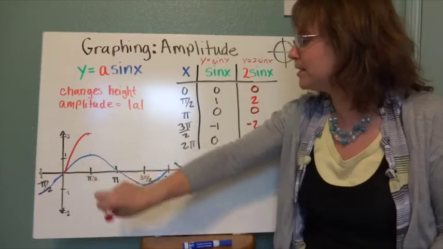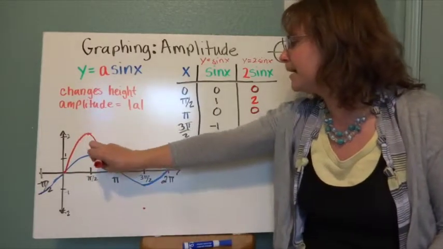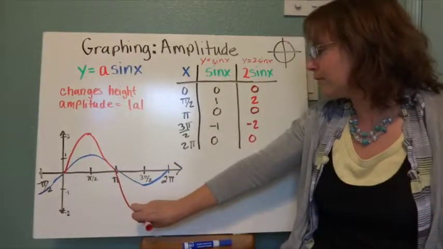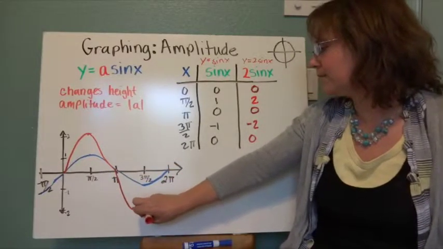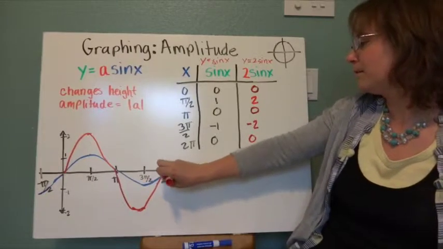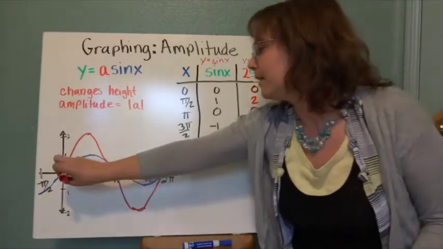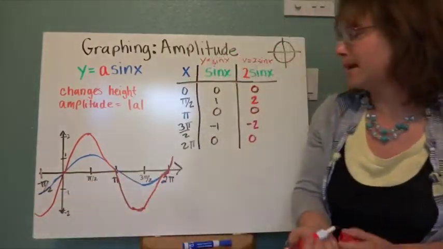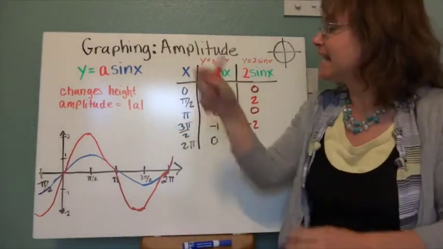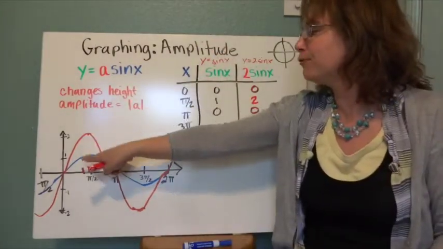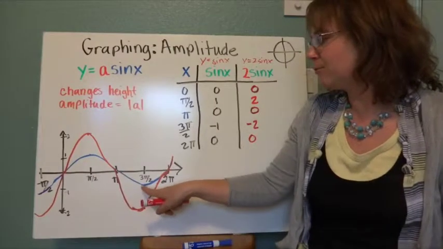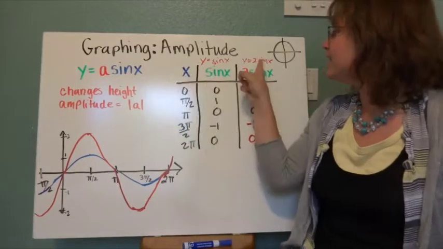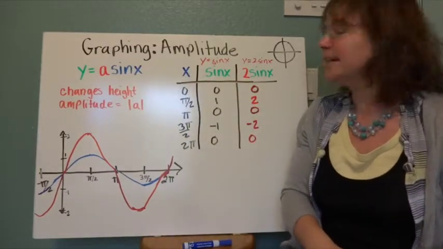It's going up to 2 instead of 1 there, but it is going back down through that same 0, and over here to negative 2, and then back up. And then continuing down here to negative 2, and then back up. So it just changes the height. That 2 expands my maximum value from 1 to 2, and my minimum value from negative 1 to negative 2. And I would just say the amplitude of y equals 2 times sine of x is 2.